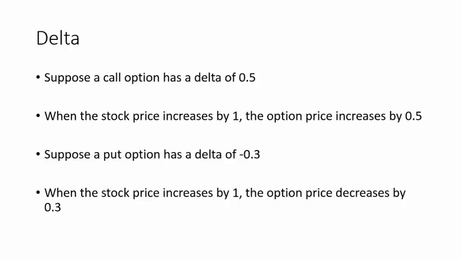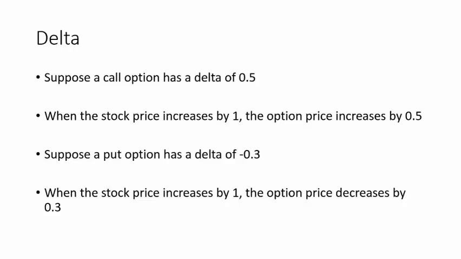It means that when the stock price increases by 1, the option price increases by 0.5. Alright, so all of these deltas are saying what happens to the price of the option when the stock price increases by 1. Okay, it's always going to be 1 for the stock price change. So if the call option has a delta of 0.5, when the stock price increases by 1, the call option is going to increase in value by 0.5.